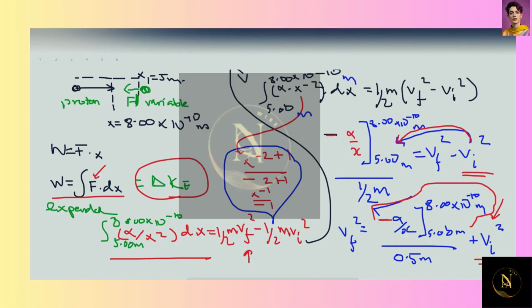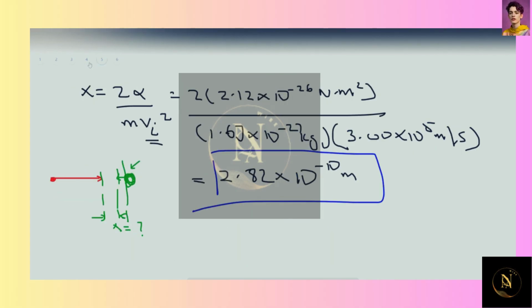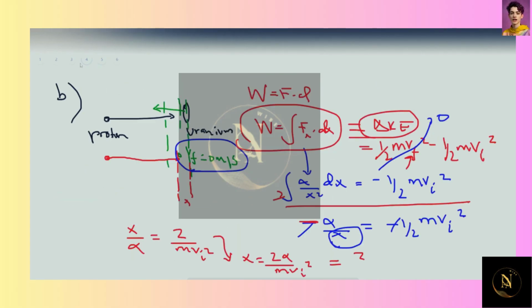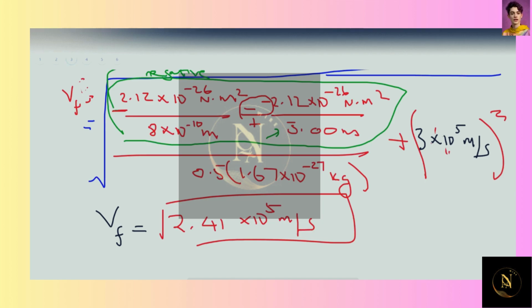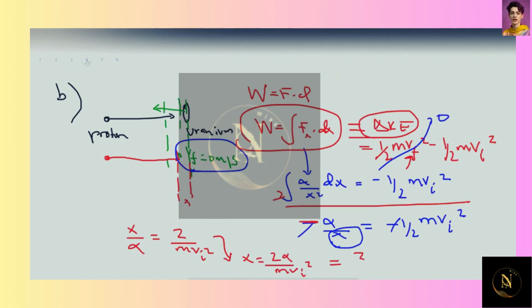You can take any kind of approach you want at this point, but it's always a good habit to solve for the variable you're looking for and then wait up until the end. If you see right here, you wait up until the end to get the v final. So you just plug in the numbers and then get the v final.